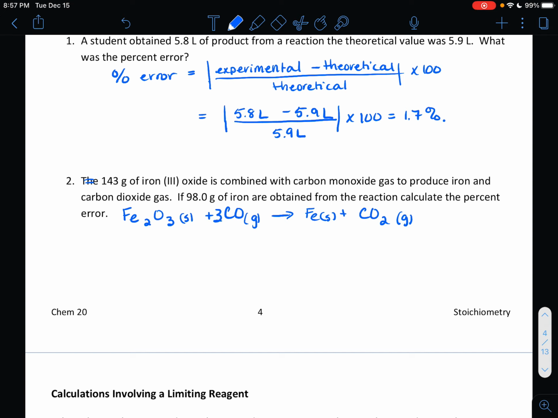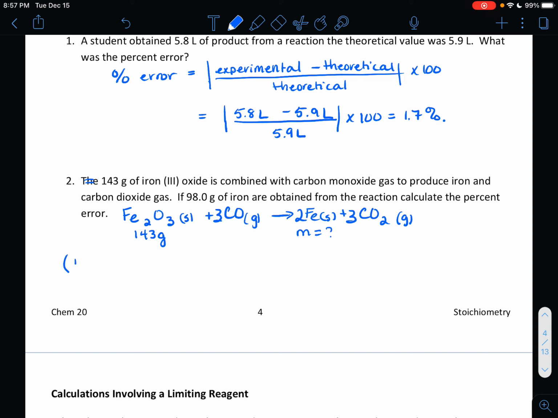So this is a 3 here, a 2 here, and a 3 here. Now, I've started with 143 grams of iron 3 oxide, and I want to find out how much iron we produced theoretically. So, as usual, I have my balanced equation.